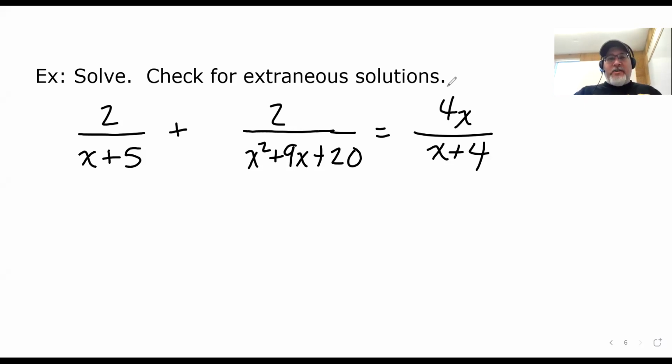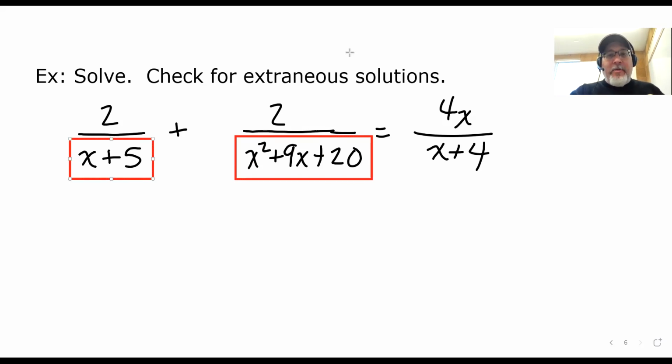So let's start by factoring the second denominator. Now, I'll tell you a little secret about some of these types of problems in most algebra books. A lot of these problems that have a quadratic denominator like this one, and a pair of linear denominators like x plus 5 and x plus 4, are designed to have common factors in the denominators.